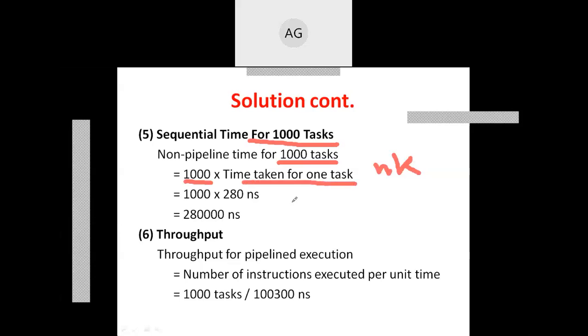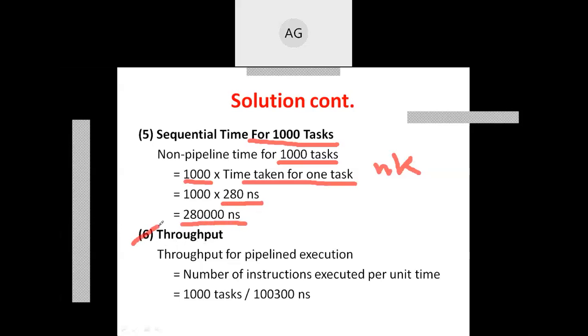As we already calculated, the time taken for one task in the case of non-pipeline is 280. So we need to multiply 280 into the number of tasks. So here it is 1,000. So here we got the answer of 2,80,000 nanosecond in the case of non-pipeline architecture.